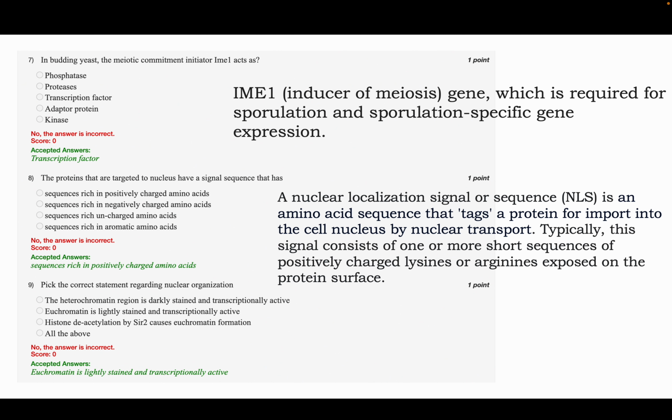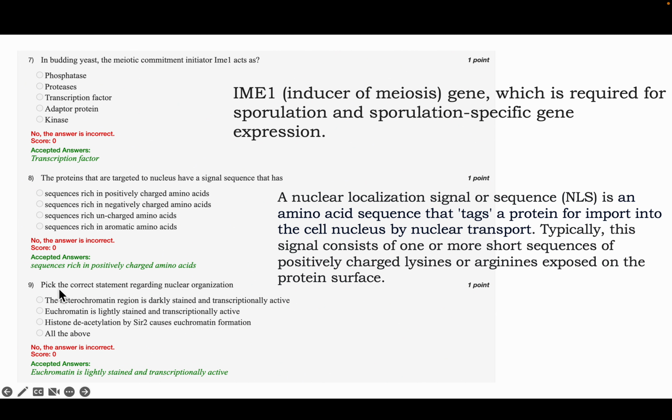In the case of the nucleus, there is a stretch of amino acids rich in lysine and arginine. As lysine and arginine are positively charged, the answer will be A.